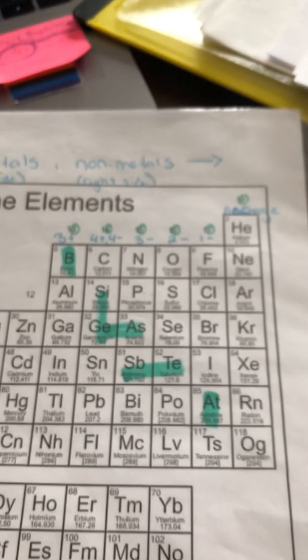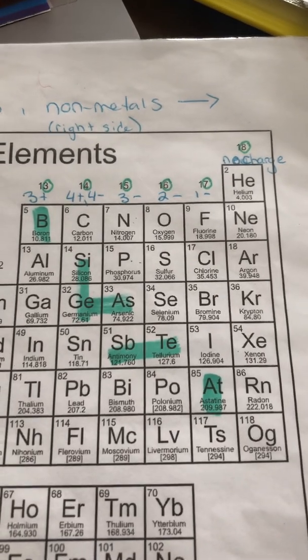Two more examples here. So if I give you something that looks like P5S2, what is P? P is phosphorus. And what is S? S is sulfur. Those are both found on the periodic table underneath the nonmetals.